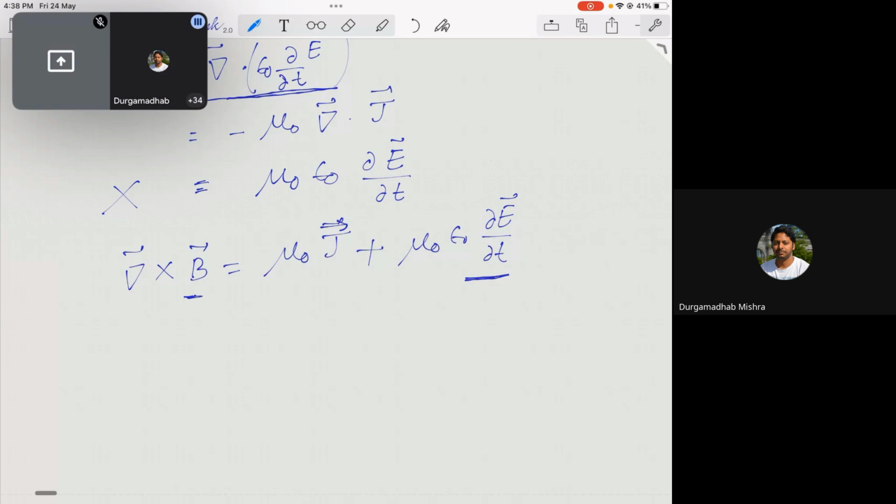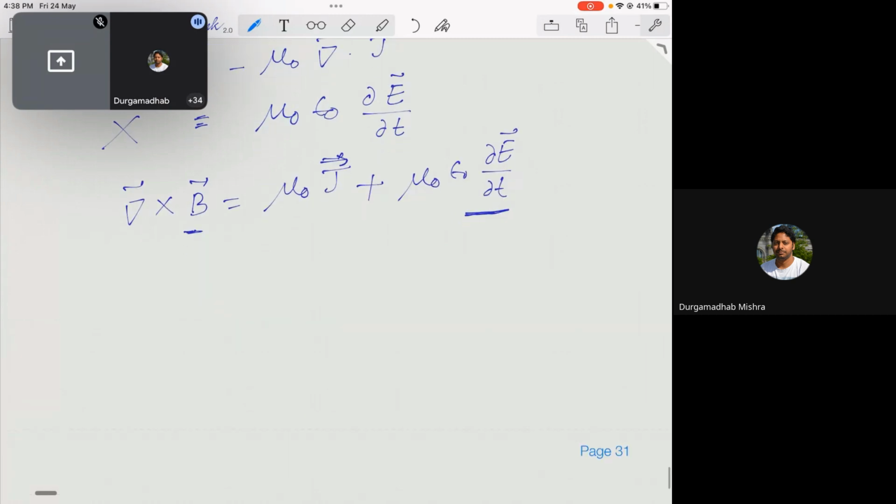So we can summarize these equations again. From Gauss's law, we said del dot E is rho by epsilon. From similar consideration, del dot B will be 0.